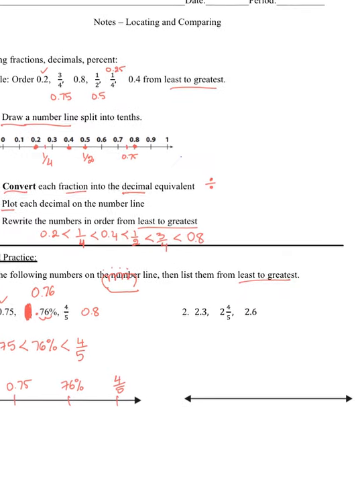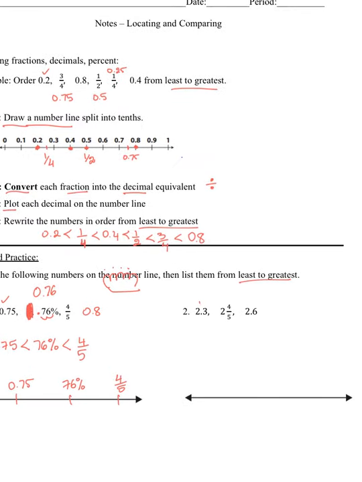Okay, number 2, 2.3 is a decimal. 2 and 4/5 is a mixed number. You're going to put this one into a decimal. So 2 and 4/5, 4/5 is 0.8.